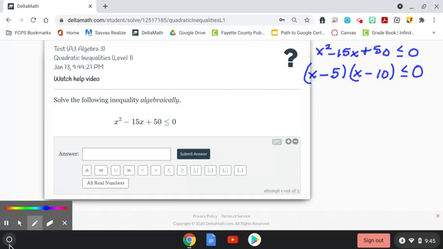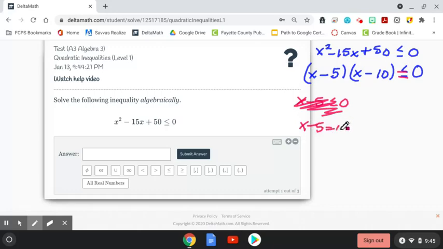Now here's what you don't do. Do not say that x minus 5 is less than or equal to 0, because that is breaking some algebra rules. If this were an equal sign, we would say x minus 5 equals 0, so x would be 5.